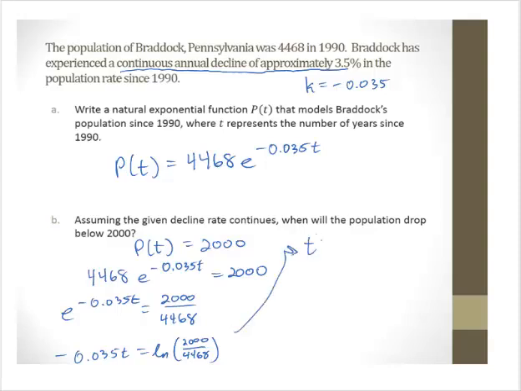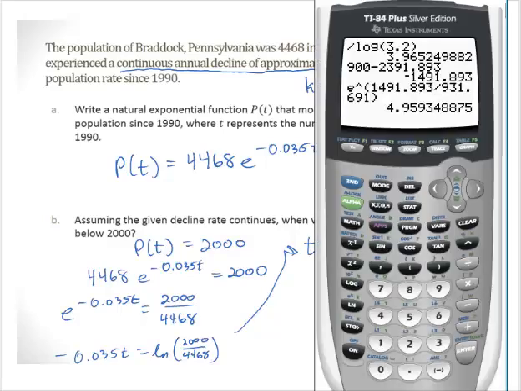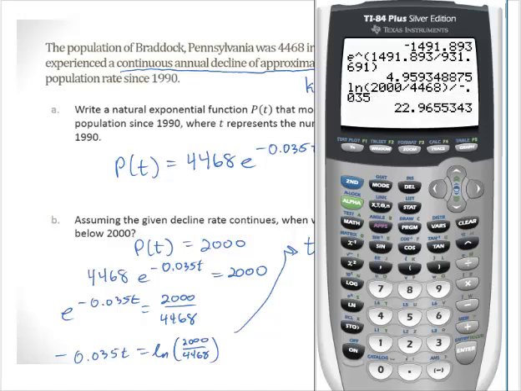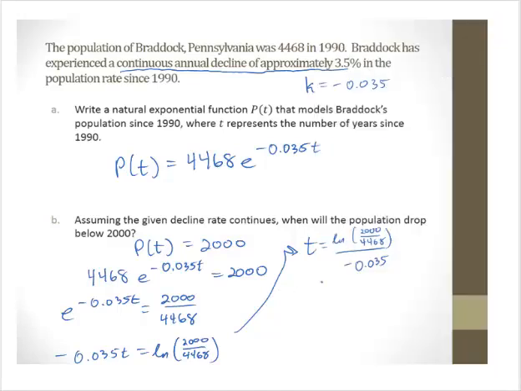So then t would equal the natural log of 2,000 over 4,468 divided by negative 0.035. We calculate that: 22.96, so t is approximately 23.